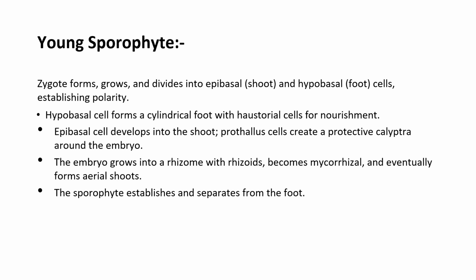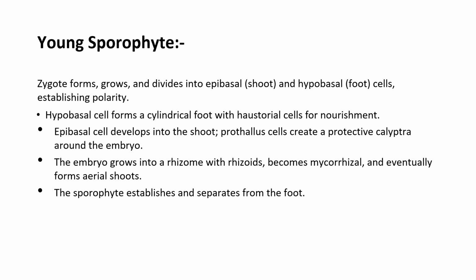The sporophyte usually has two parts, shoot and foot. The epibasal cell produces the shoot and the hypobasal cell develops the foot. The foot usually has a special organ called haustoria. This haustoria helps in absorbing nutrition for the developing young sporophyte.